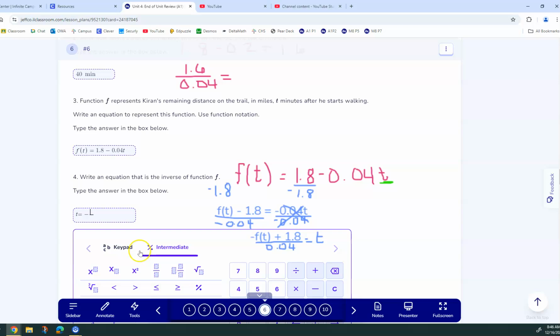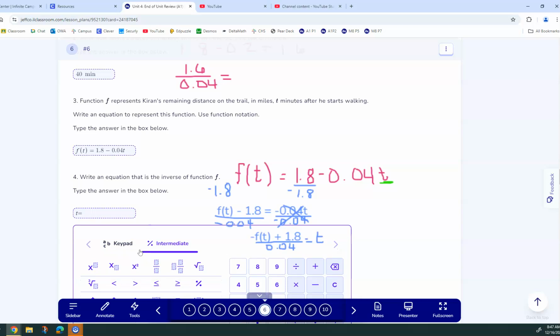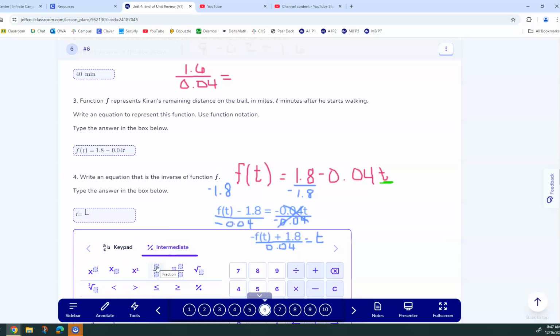There we go. So t equals negative f of t plus 1.8 over 0.04.